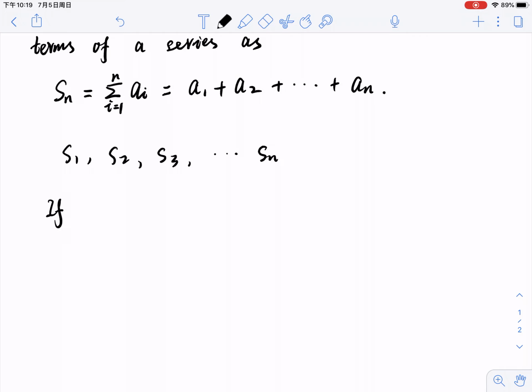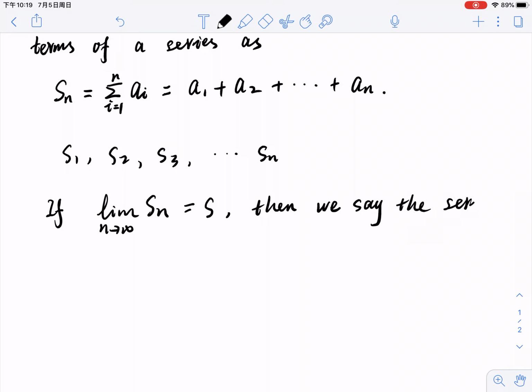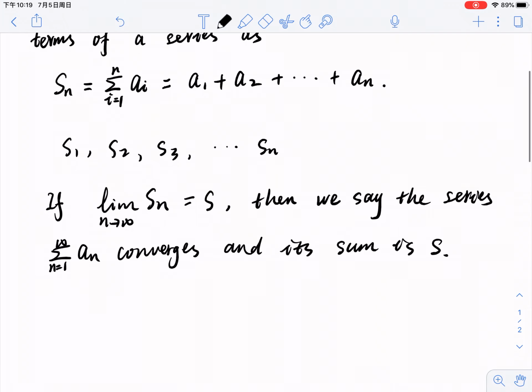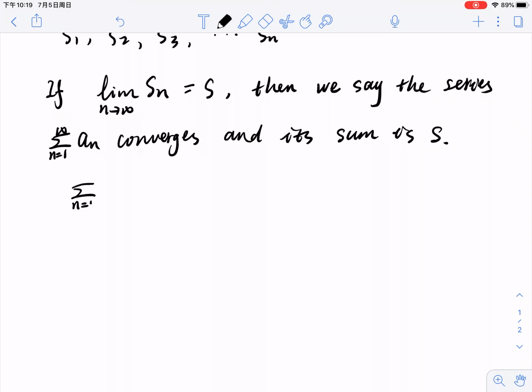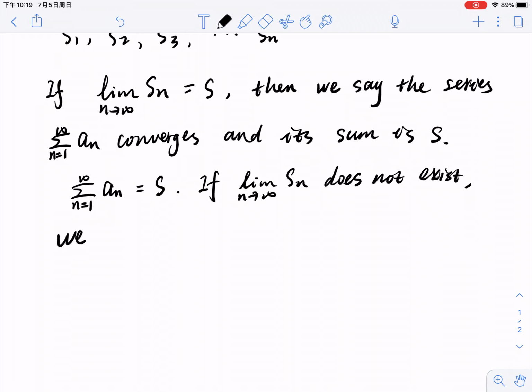So if the sequence of partial sums S_n converges to S, then we say the series converges and its sum is S. We write sigma n from 1 to infinity a_n equals S. If the limit of S_n as n goes to infinity does not exist, we say that the series diverges.